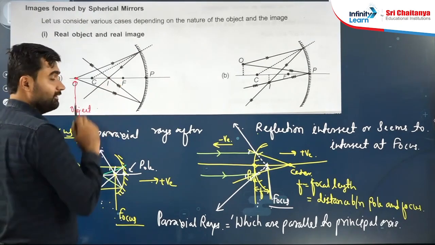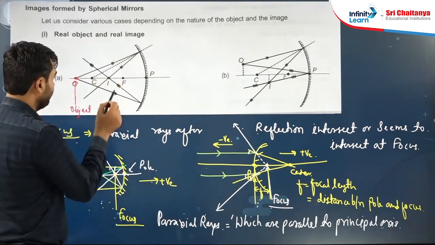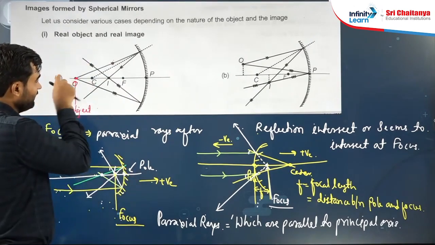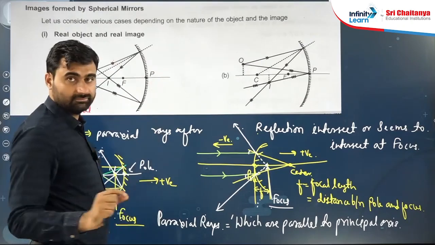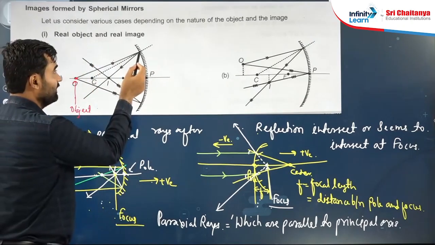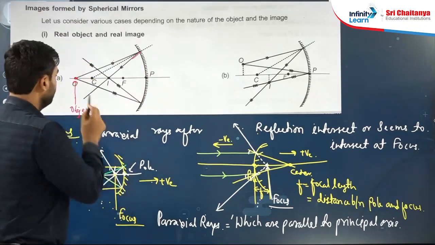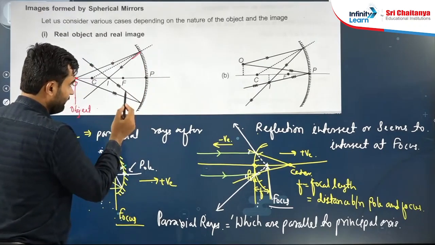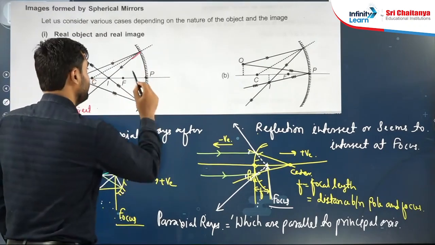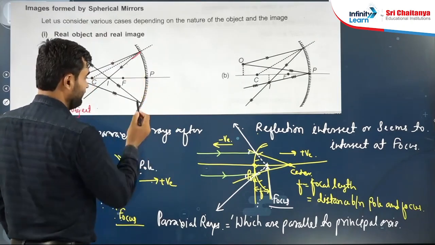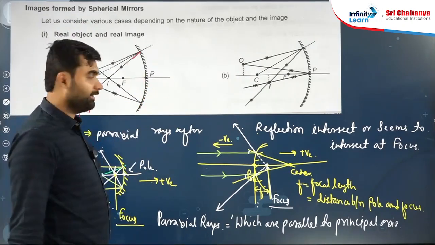These are incident rays, and these incident rays are diverging from the object. Now here reflection, because the mirror is there, so this ray is reflected. This is a reflected ray, this is also a reflected ray.